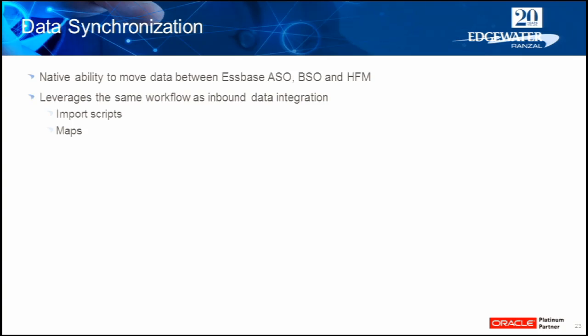So if I've got an ASO reporting cube that aggregates data up and I don't want to manage that through partitions or X writes or something like that, I can set up a data synchronization within FDMEE, use the maps, collapse all of those accounts into a single account, and run the data through that way.